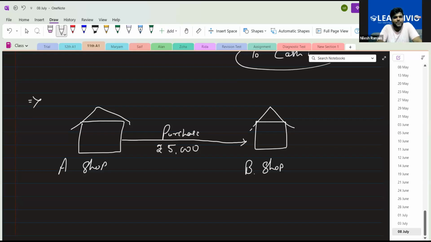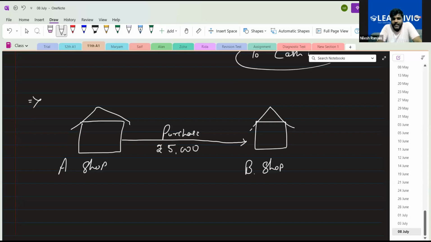You or the shopkeeper? The shopkeeper. Shopkeeper means we can say that the seller will issue the invoice. Okay. So now you understand this example that I have written here.